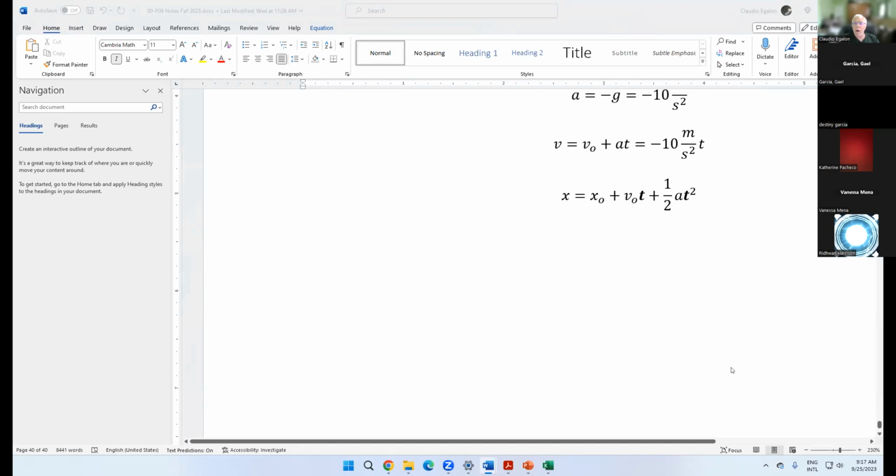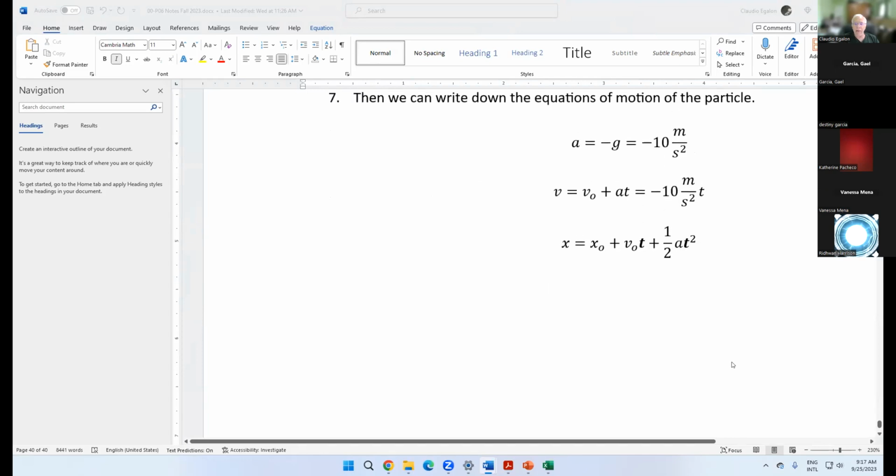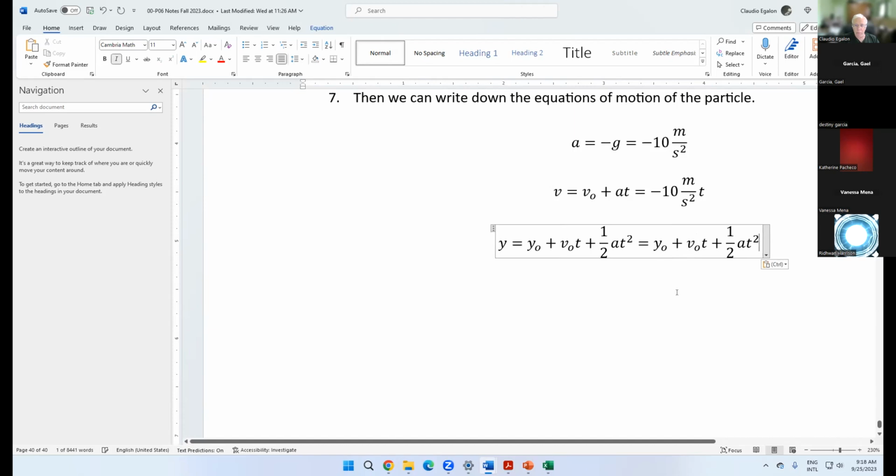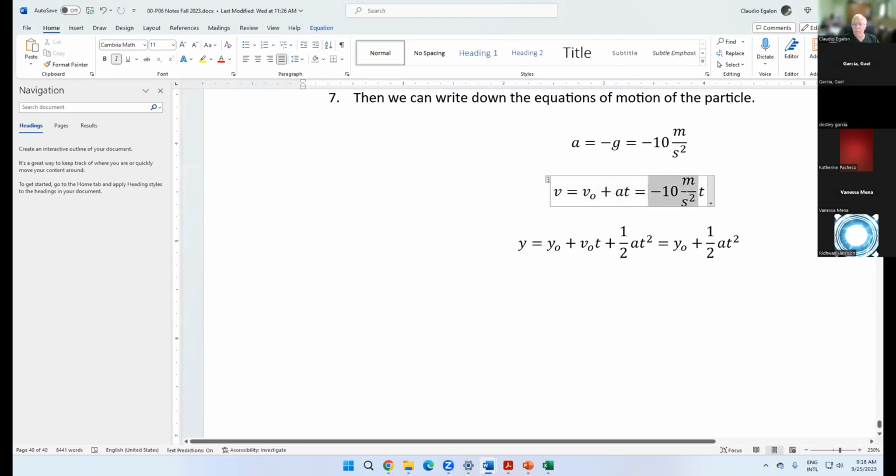Our axis is not going to be the x-axis, it's going to be the y-axis. So all I have to do here is to exchange x to y, okay? And then we use everything else that we know. We do not have this initial term here, but we do have minus 10 meters per second squared here.